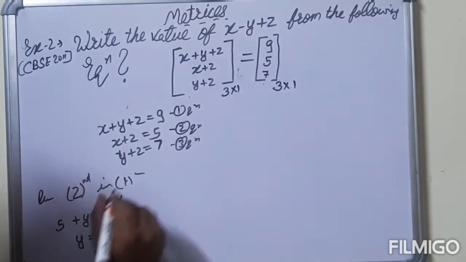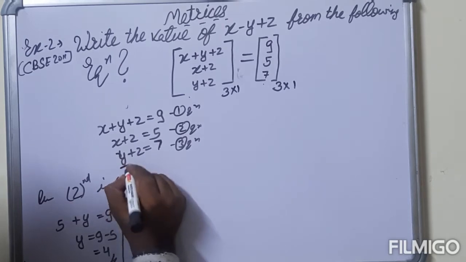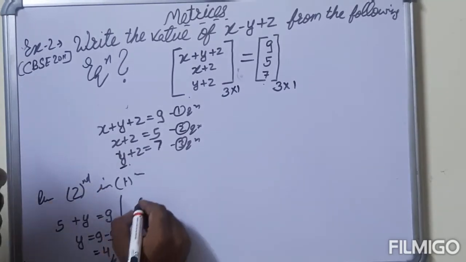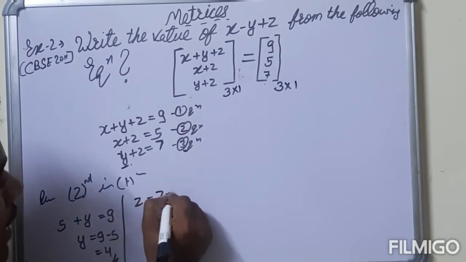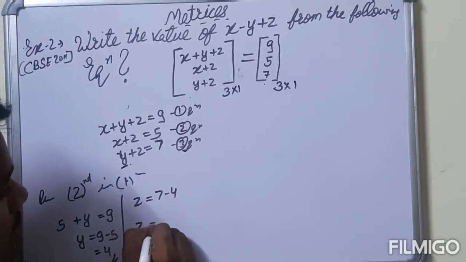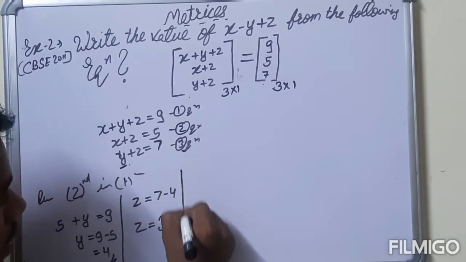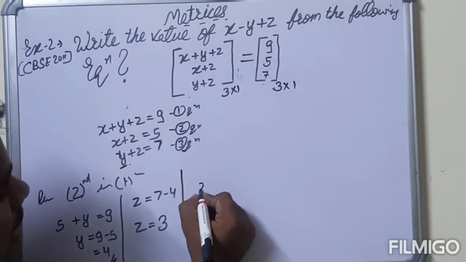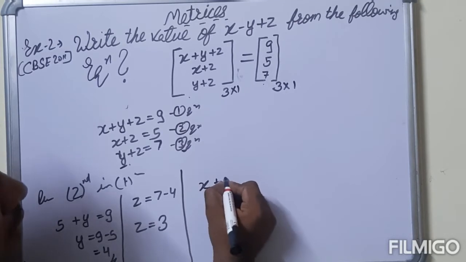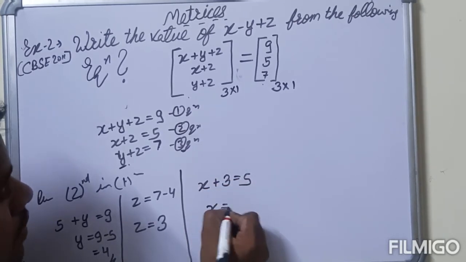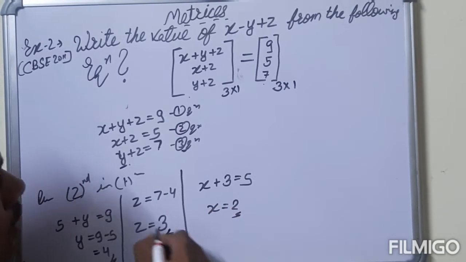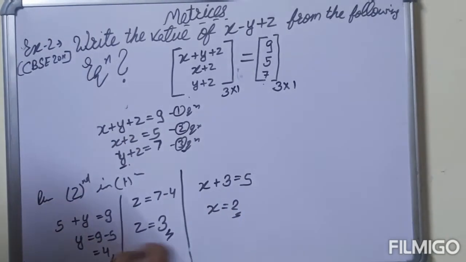Then we put the value of y in the third equation, and we get z is equal to 7 minus 4, which is 3. For the value of x, x plus 3 is equal to 5 from the second equation, so x is equal to 2.